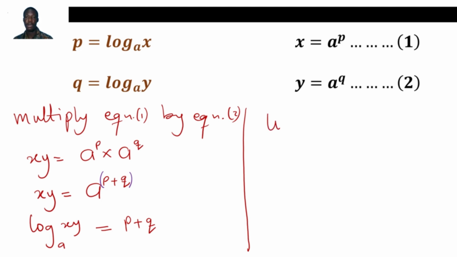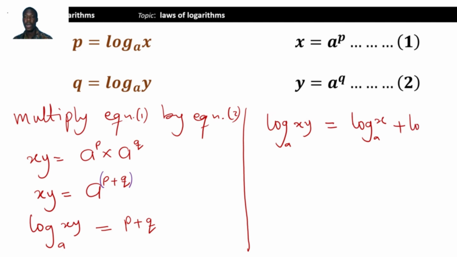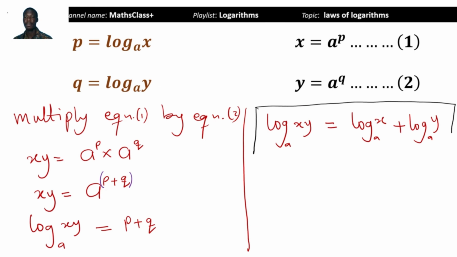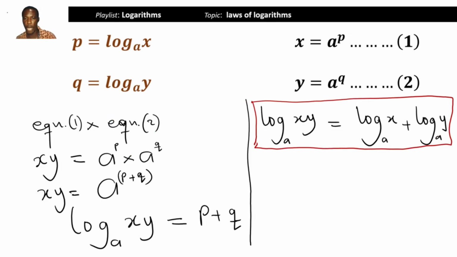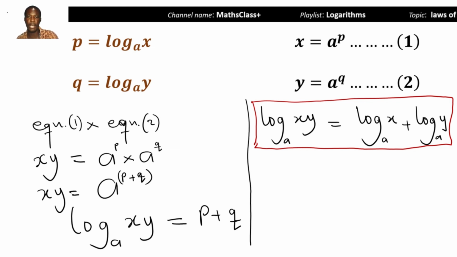Okay, so we have log xy to the base a is equal to log x to the base a plus log y to the base a. And this is our first law of logarithm. Log xy to base a is equal to log x to the base a plus log y to the base a.